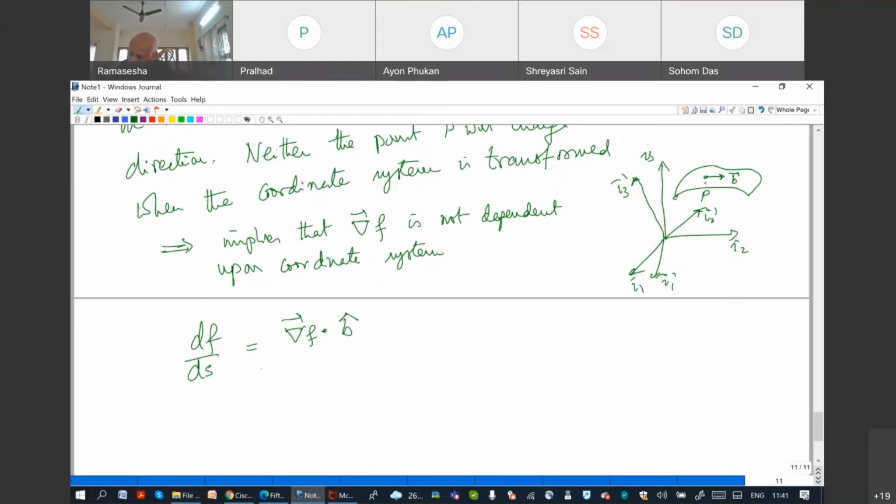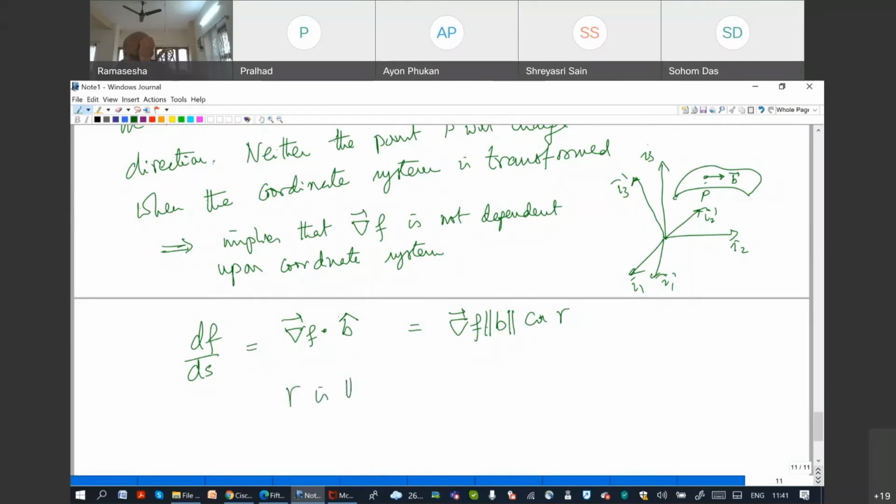Now I can actually write this as norm of grad f times norm of b, the length of the vector b, times cos gamma.